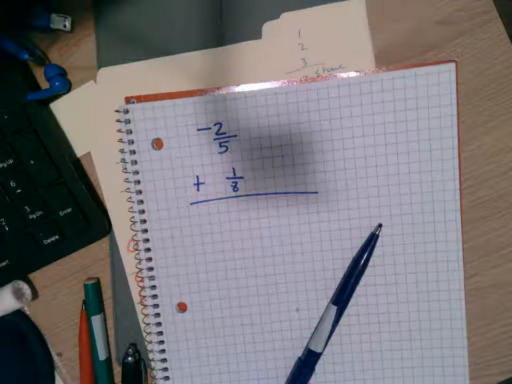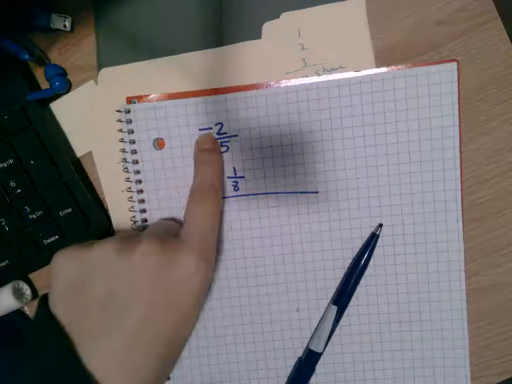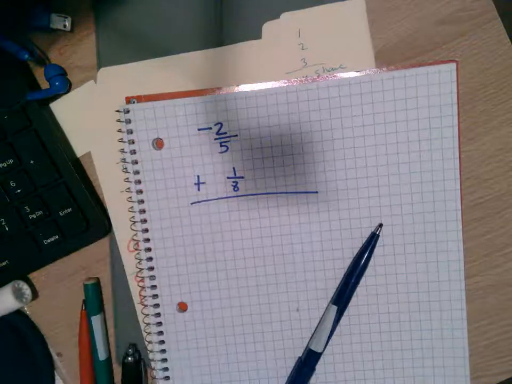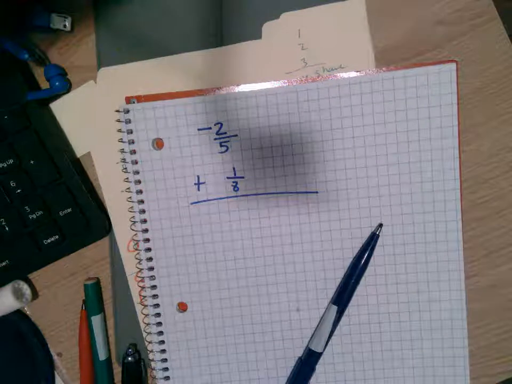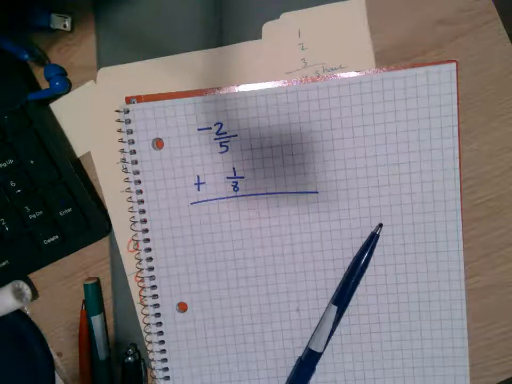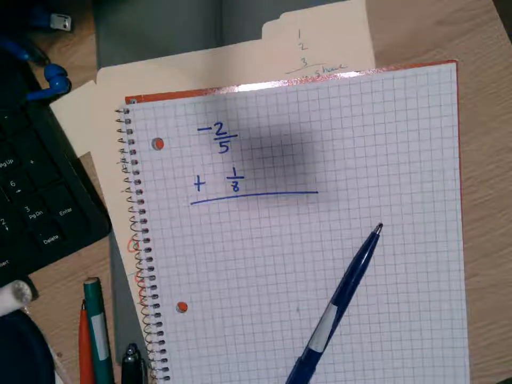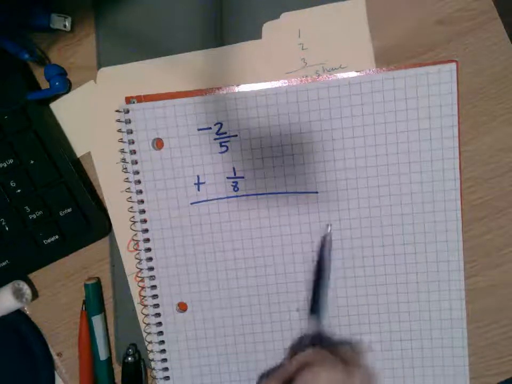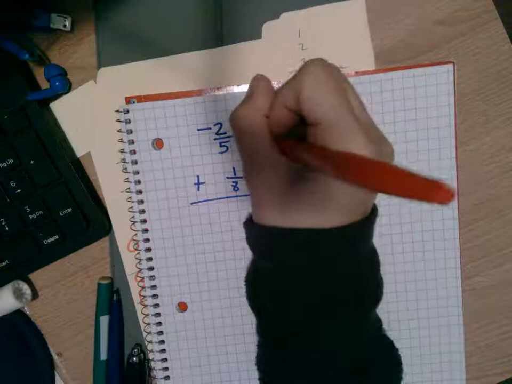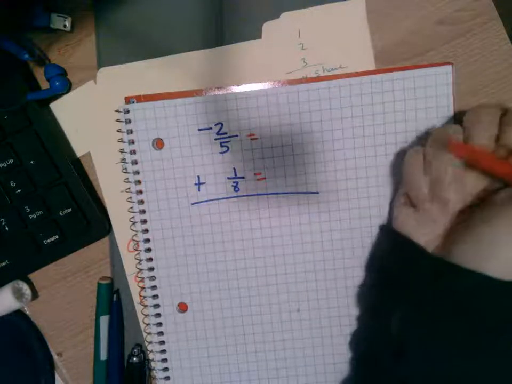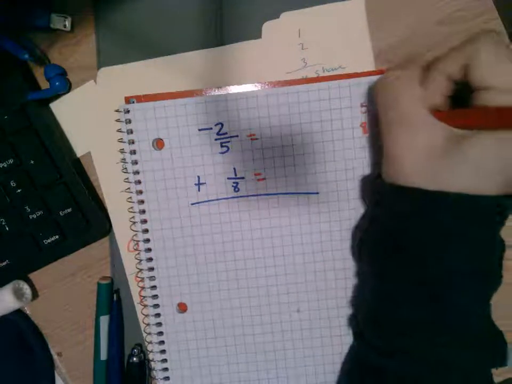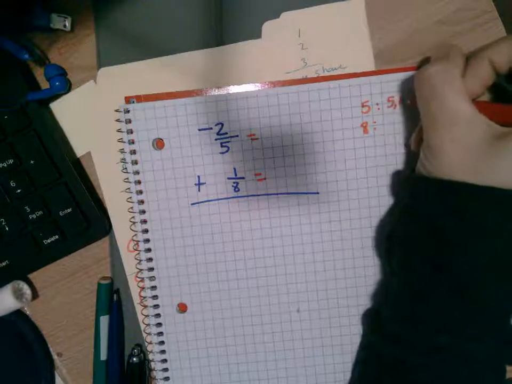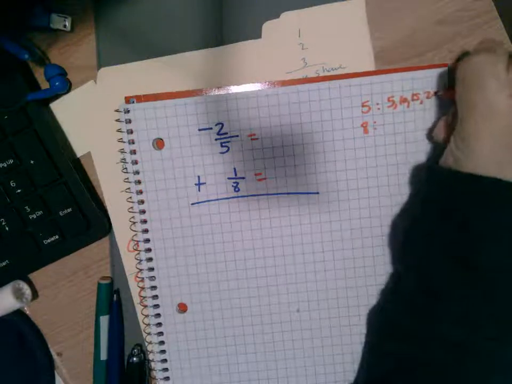What makes the 7th grade? That right little thing right there. Because it's a negative, all of a sudden it's 7th grade. But is the process still the same at the beginning? Yes, 100% still the same thing. You still have to find common denominators. So what's common between 5 and 8? What do they have in common? 40.